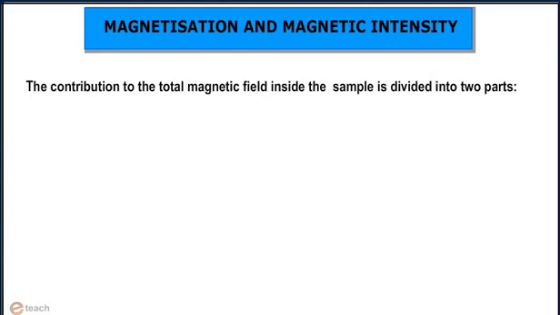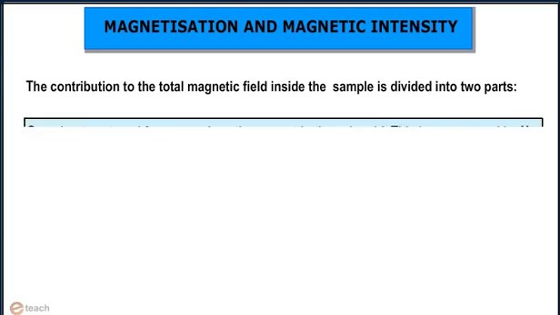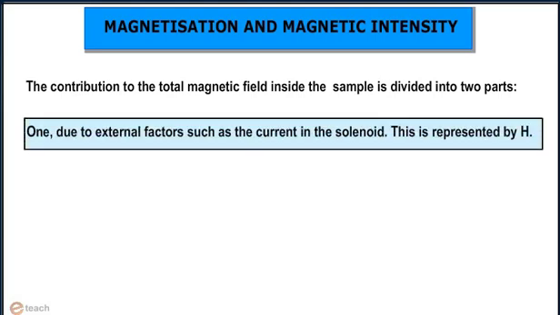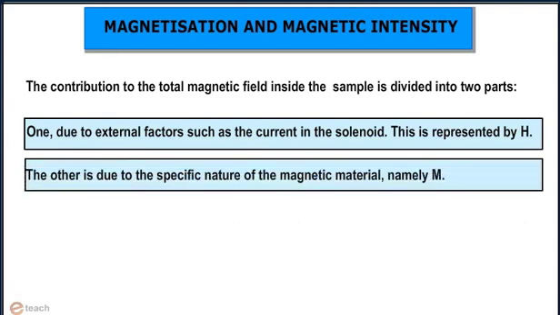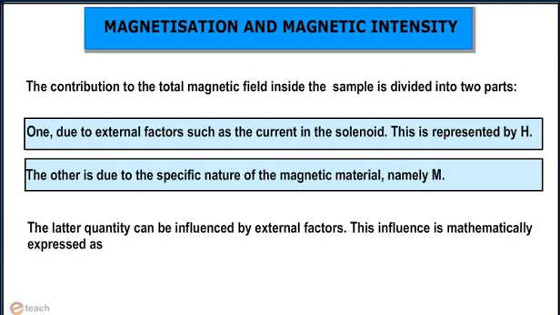The contribution to the total magnetic field inside the sample is divided into two parts. One, due to the external factors such as the current in the solenoid, is represented by H. The other is due to the specific nature of the magnetic material, namely M. The latter quantity can be influenced by external factors.